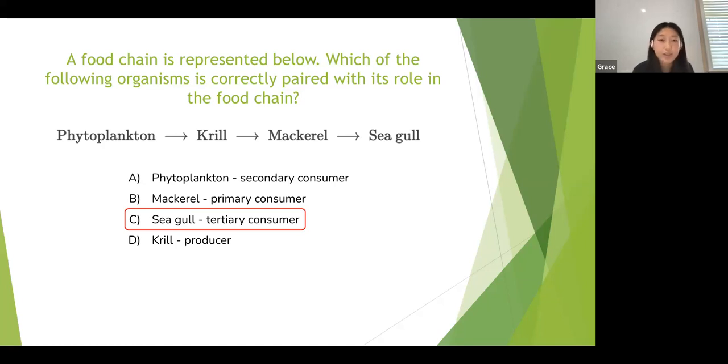The mackerel is going to be eating the krill, obtaining energy from it, and therefore it's going to be a secondary consumer because it's consuming a primary consumer. So the primary consumer is the first consumer, secondary is the second, and then the seagull is going to be eating the mackerel because of the arrows, and therefore it's a tertiary consumer, and that's going to be the only correct pair.